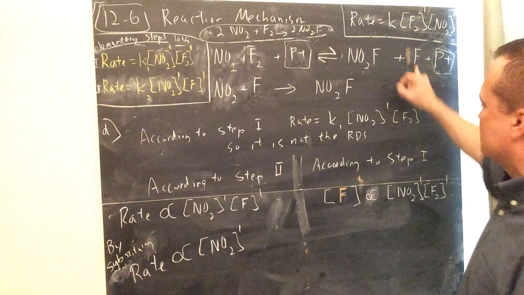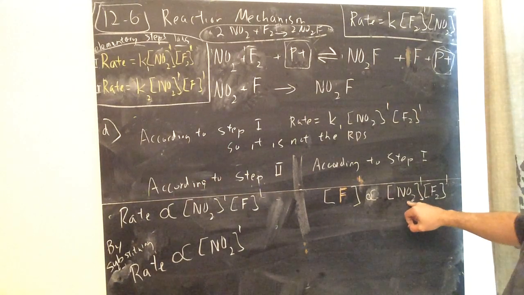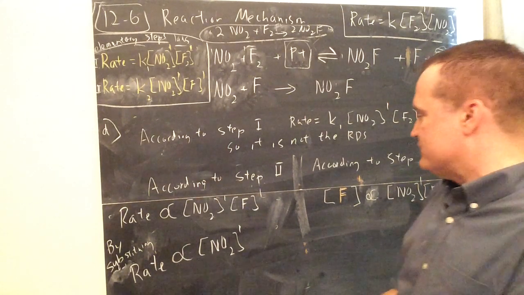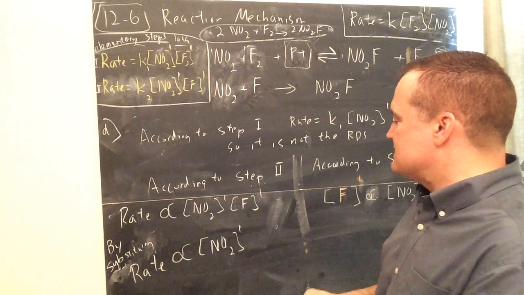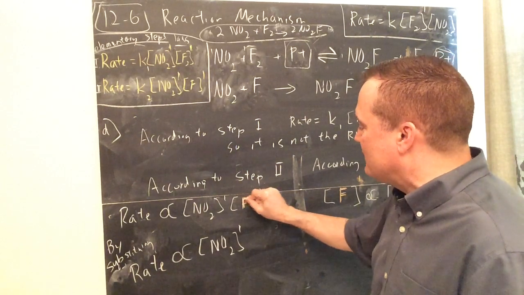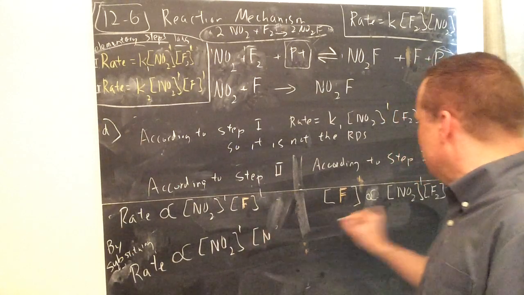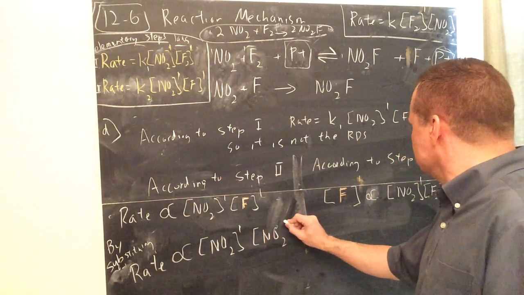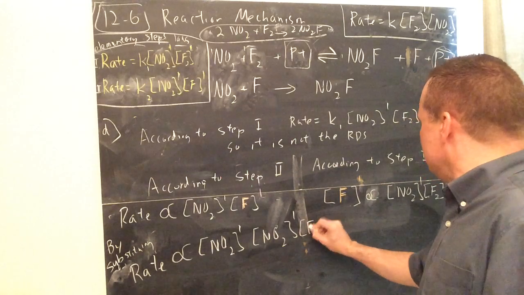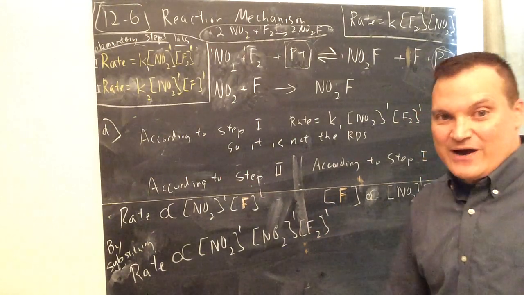F with a 1 coefficient is NO2 1, F2 1. So instead of F, I'm going to take this out, and in its place I'm going to put in NO2 1, F2 1. All right?